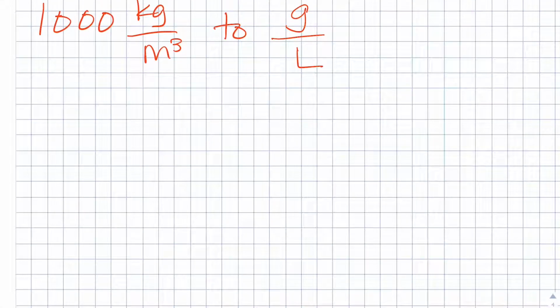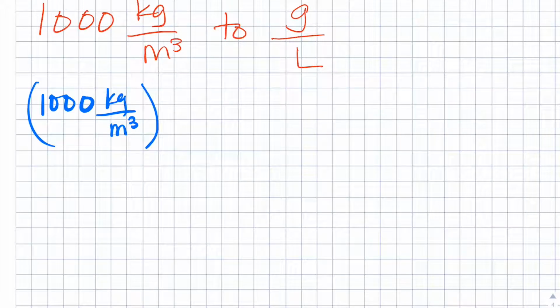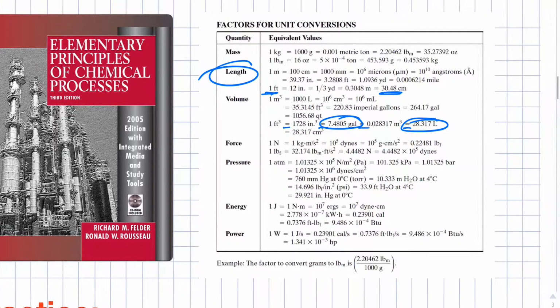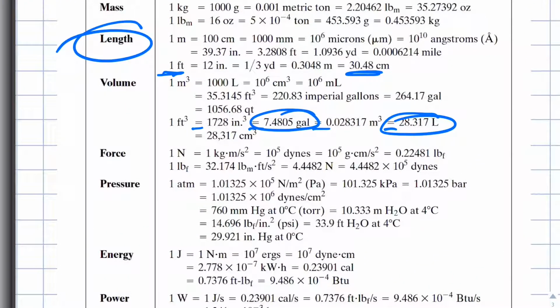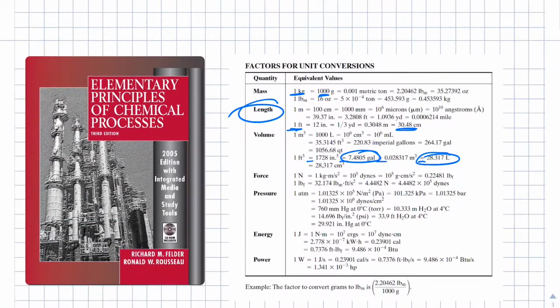Continuing on, we have a density calculation. This is moving from kilograms per meter cubed into grams per liter. Well, start with what we have, 1,000 kilograms per meter cubed. And now we need to convert kilograms to grams. Just a little tip, you can look in the conversion table and it has it right here under mass, kilograms to grams.